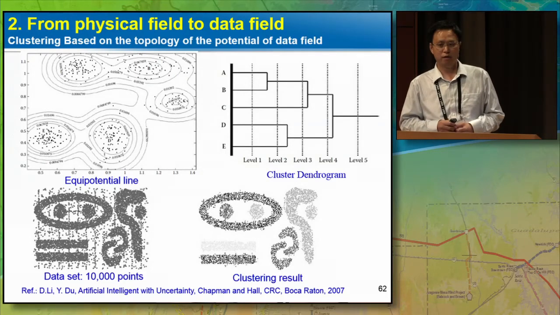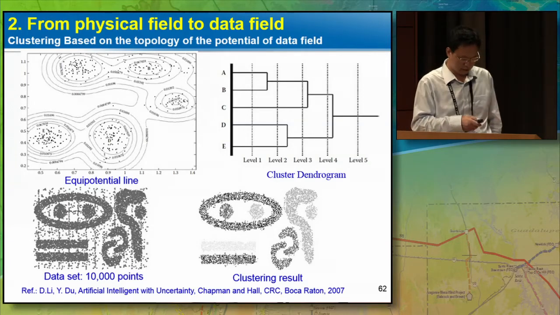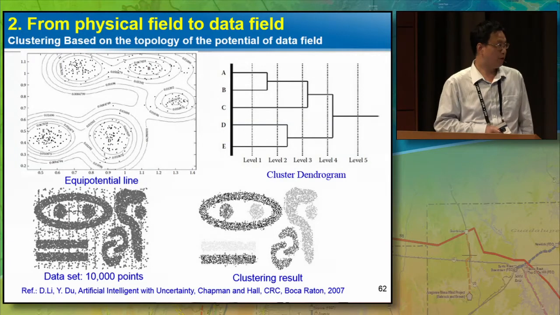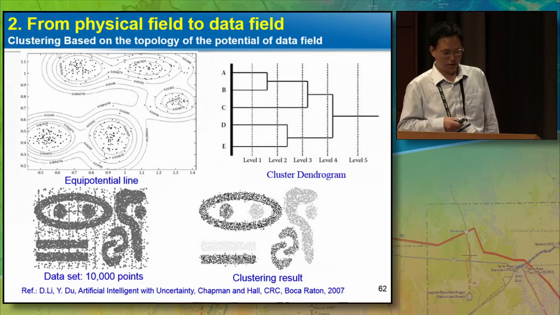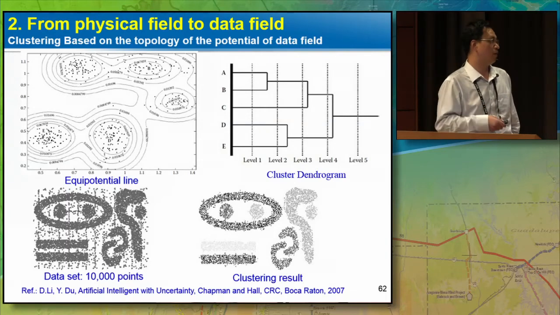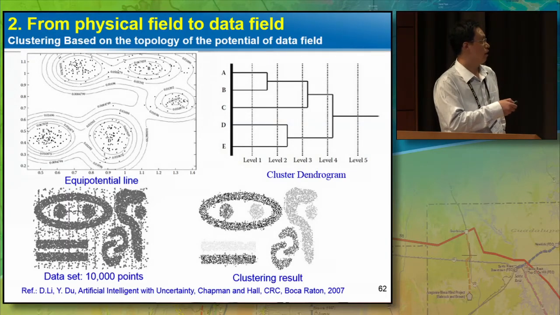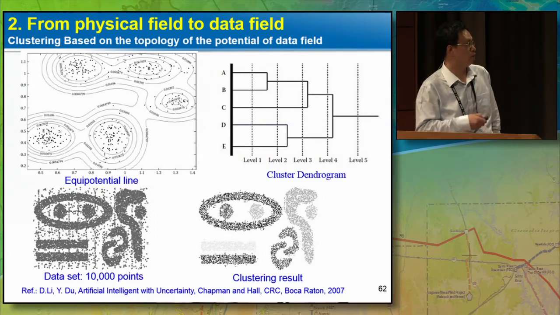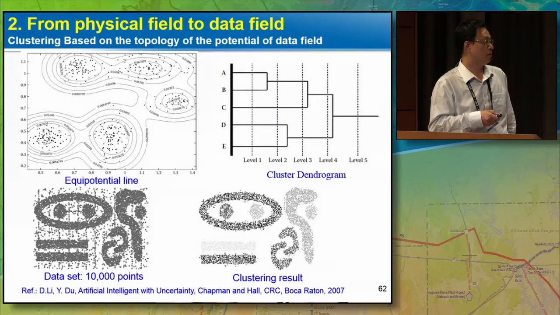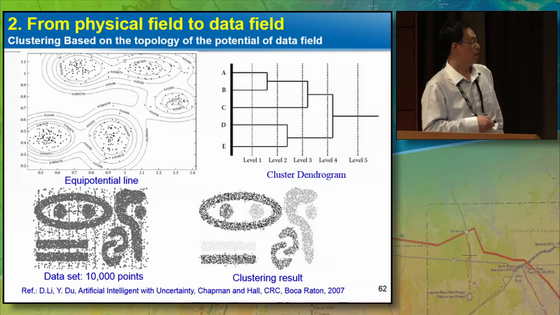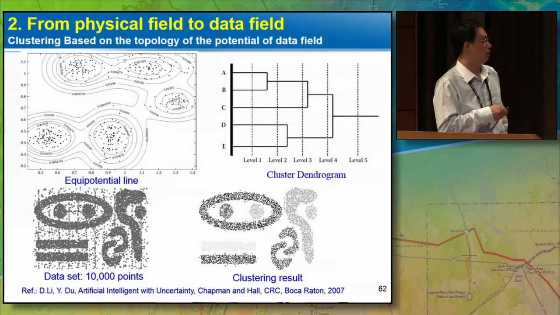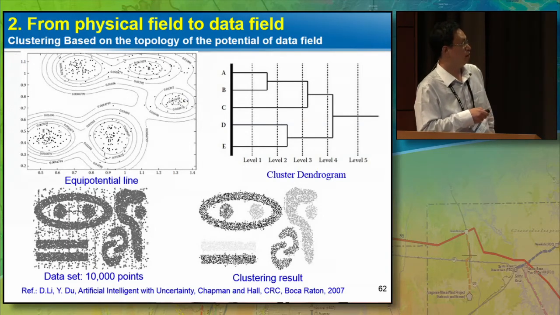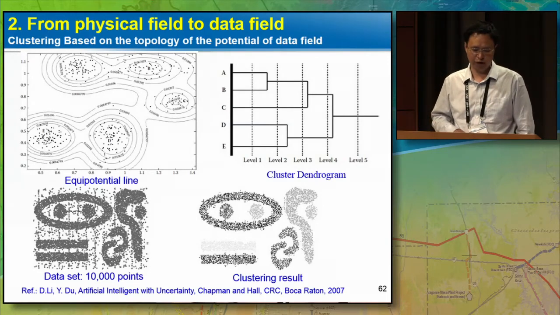topology structure. If we select suitable potential values, potential line values, we can produce clusters in some neighborhood. For example, if we select the outside potential line, all the data are clustered in one cluster. It corresponds to neighbor 5. If we select another potential line, for example, this line, it will be 5 clusters.